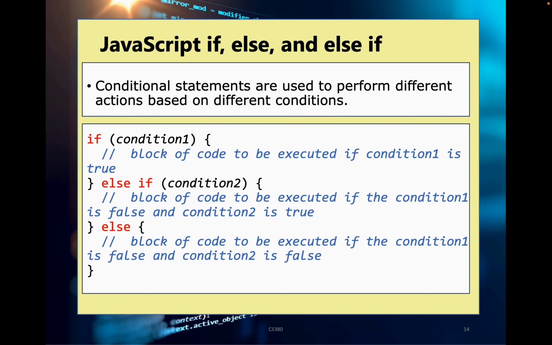If the first condition is fulfilled, then that block of code will be executed and it will be true, and the rest of the conditions will be false. And likewise, if the else if condition is correct, then that condition will be executed and it will be true and the rest will be false. And likewise goes with the third one. So let's check it with an example.